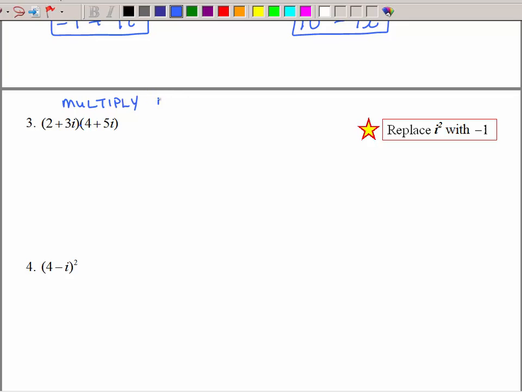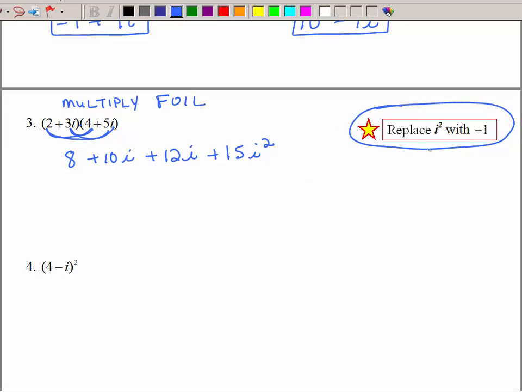You would just FOIL it just like you learned a long time ago. So first, outer, inner, last. And i times i is i squared. Now, the only new part is we're going to replace i squared with negative 1, and we are also going to collect like terms. So we're going to have 8, those are alike, plus 22i.